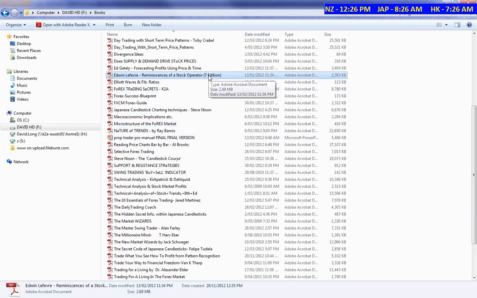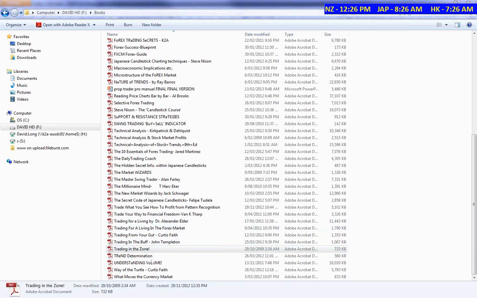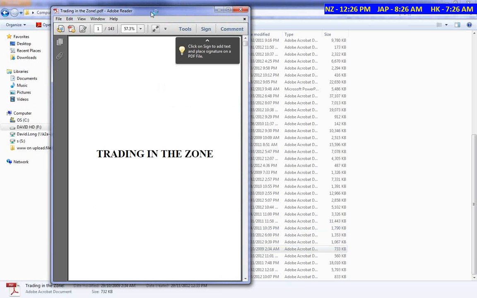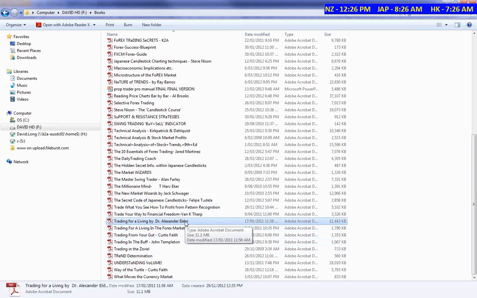That was one of the first books I read. Another one is the Psychology of Trading by Elliot. Trading in the Zone by Mark Douglas is another good one. Sorry, Trading for a Living by Dr. Alexander Elder is a good one.